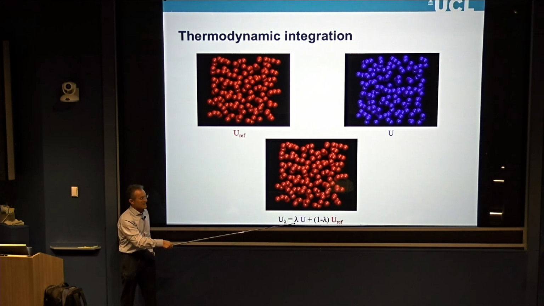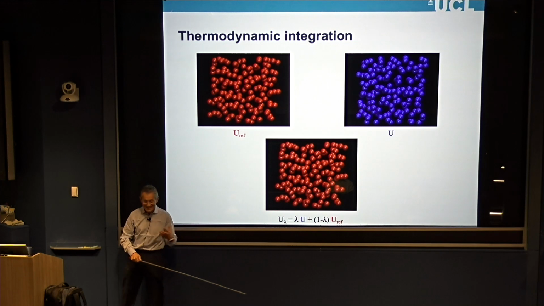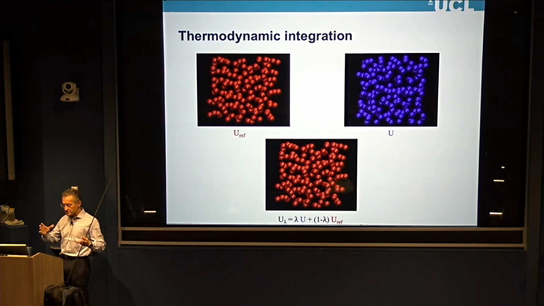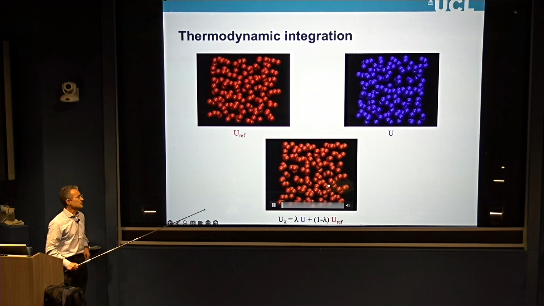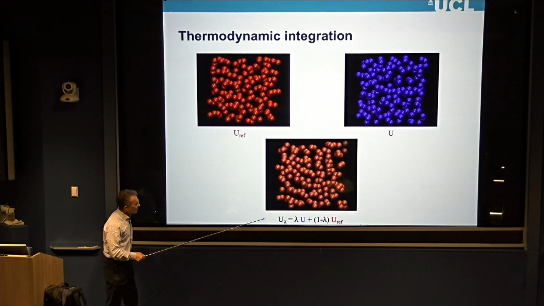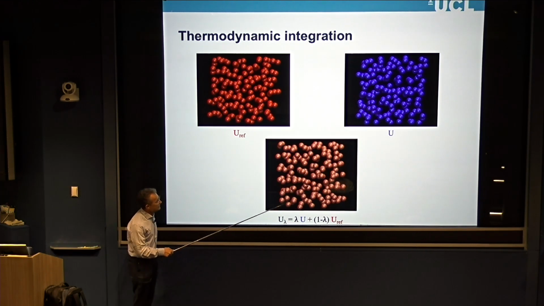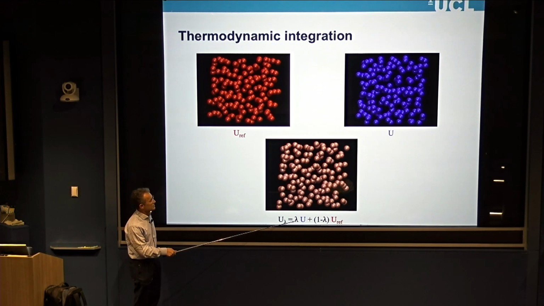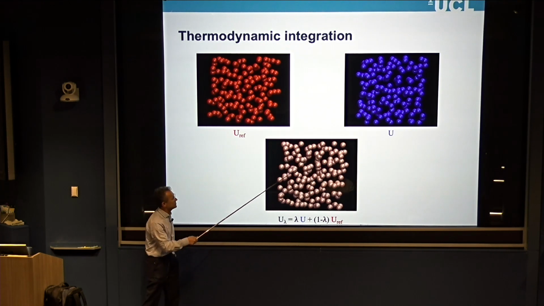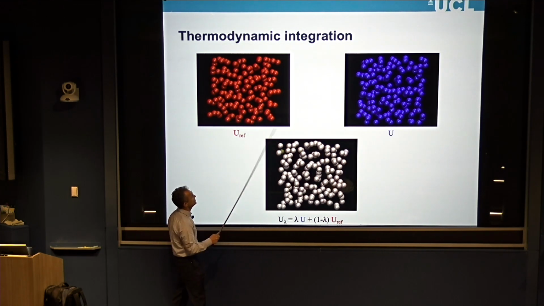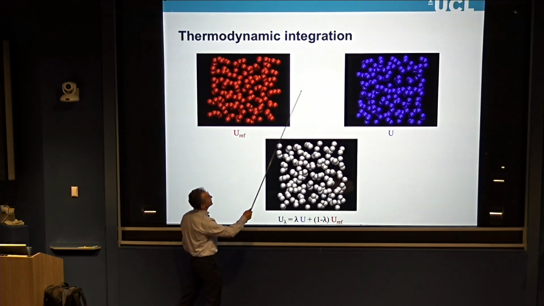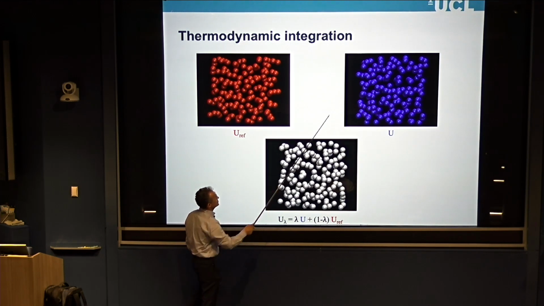So this lambda is a coupling parameter between 0 and 1, mixing the two potentials. Then you do your simulation in which you slowly change this parameter between 0 and 1. So you see these atoms are changing size. They are a mixture between these two. So you start from this and you change it to this.